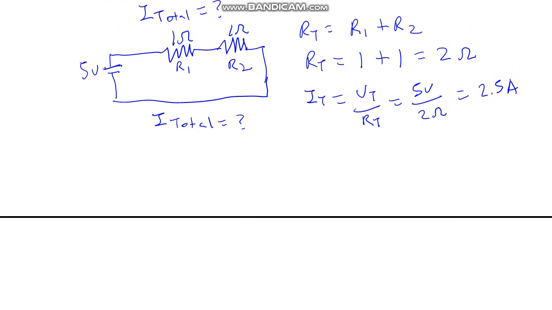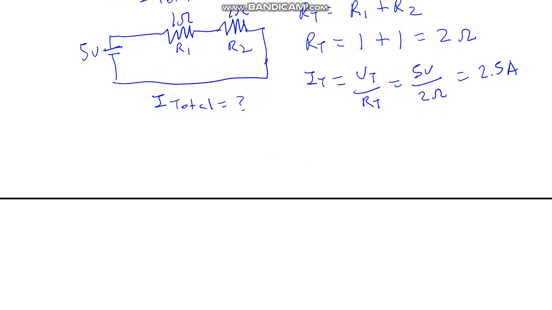Let's do another one. What if you have a parallel circuit? It's similar to the one we just did, but instead of series, let's say you have a battery, and then you go up, and you have a resistor over here, and then you have another resistor over here.